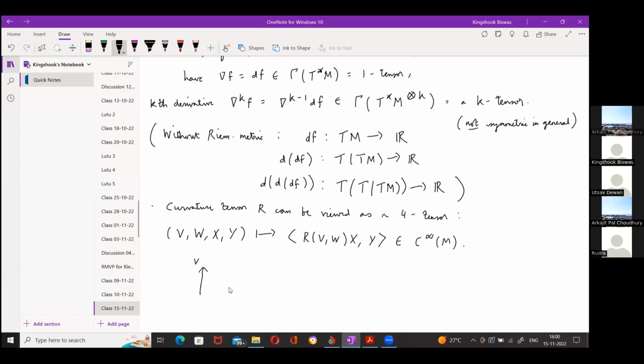If this is V, then your orthonormal basis is V, e_1, and e_2. So you have these two planes containing V: sigma 1 is the span of V and e_1, that's this plane, and sigma 2 is the span of V and e_2, that's this plane. You see in the picture, yeah?